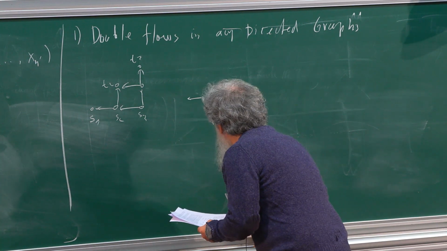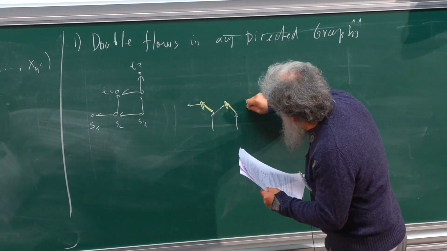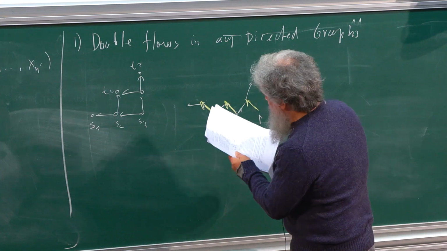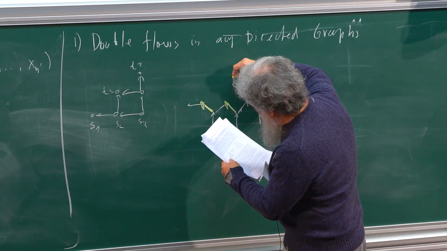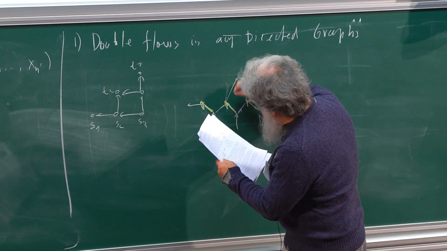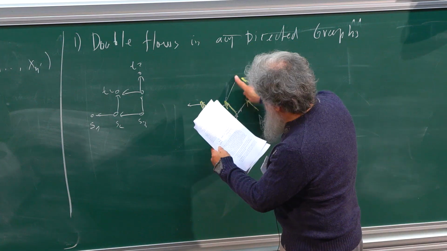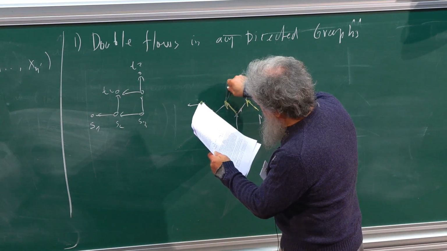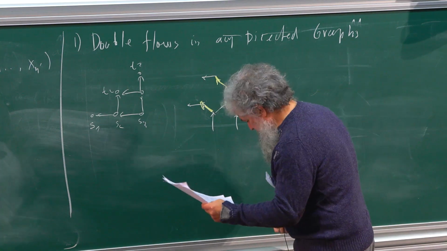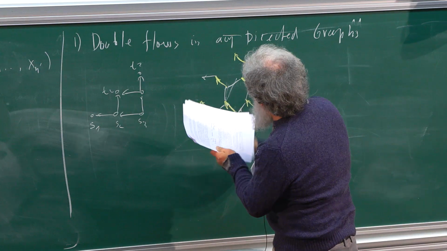Maybe I need another color for vertices. So it's through an edge, and this goes here, and this goes here, this goes here.